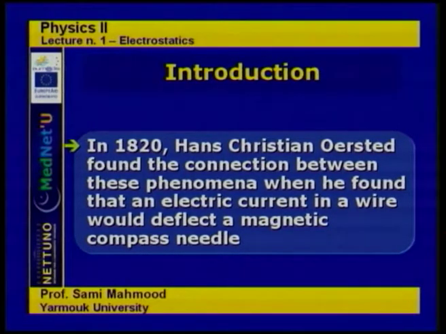In particular, in 1820, for example, Hans Christian Ørsted found that the passage of a current in a wire would deflect the needle of a compass, which introduces the concept that an electric current can lead to a magnetic force.